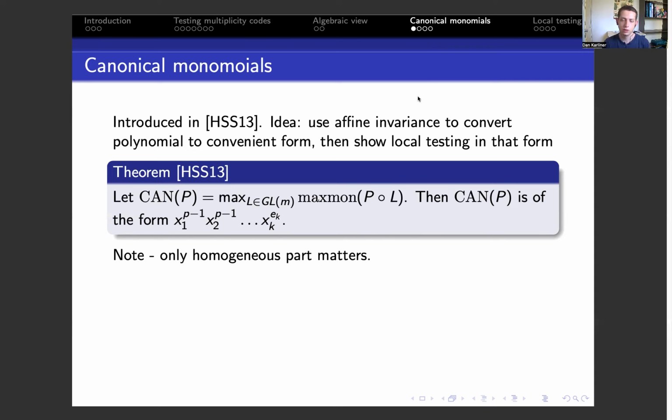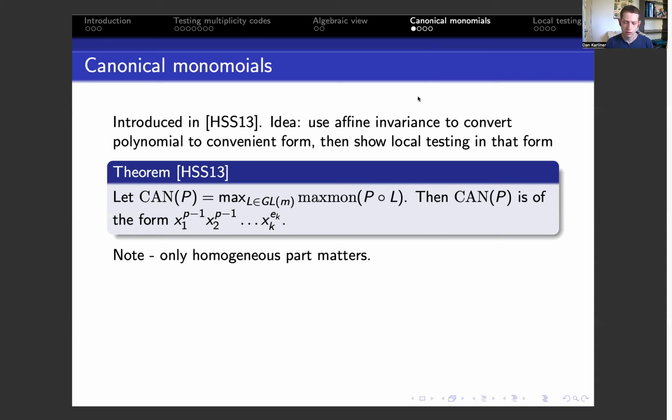So basically, we can always manage to smush the degrees all the way to the smaller variables as much as possible. Something worth noting is that when analyzing these canonical monomials, only the homogeneous part matters.